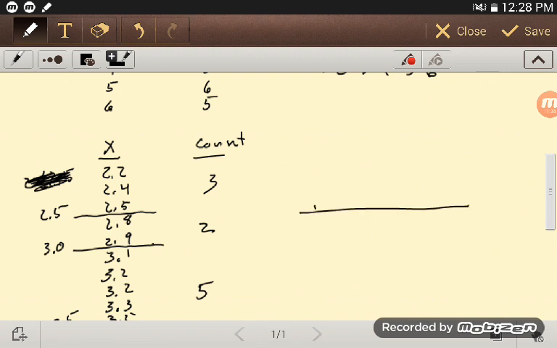So here might be 2, 2.5, 3.0, 3.5, and 4.0. And again, I would do that count.